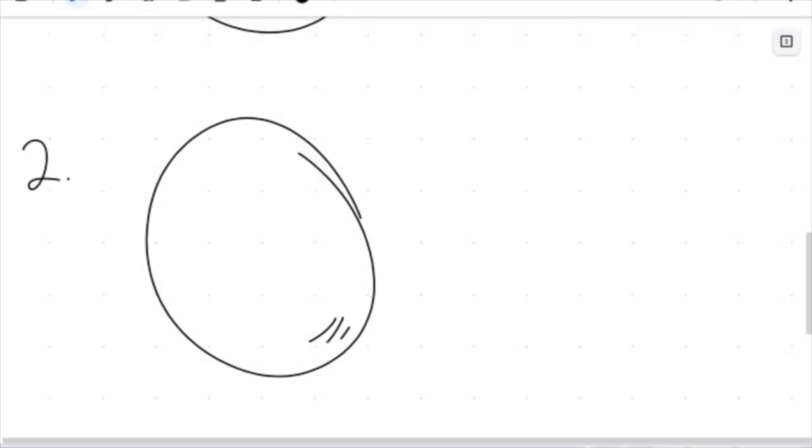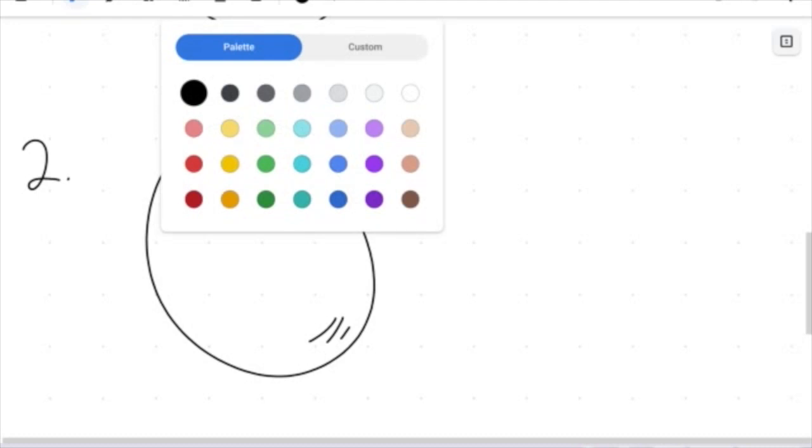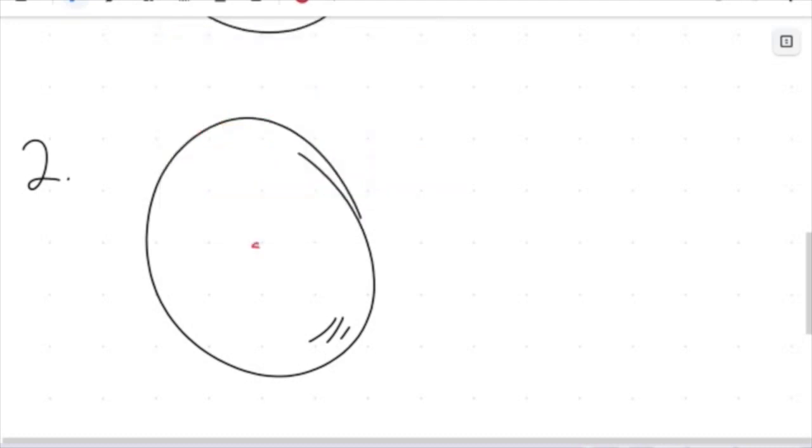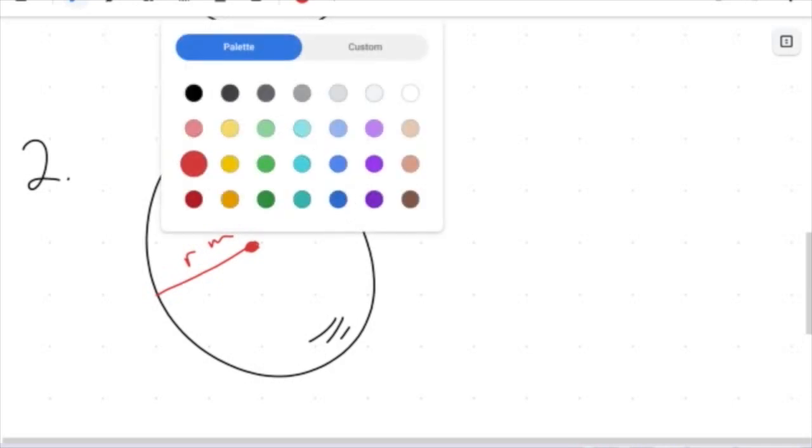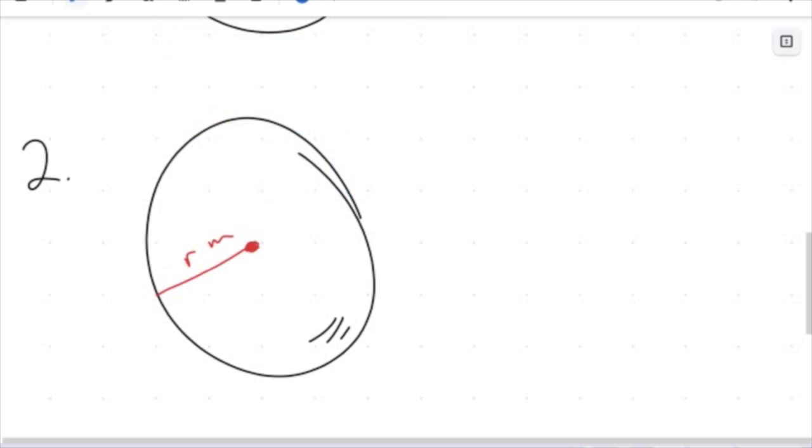So here, instead, I'm going to say that the surface area of this sphere, which has some unknown radius r meters, sorry, we're looking at surface area.